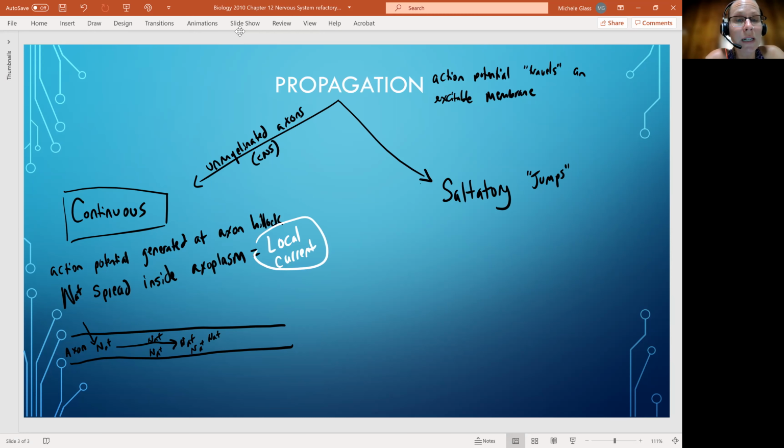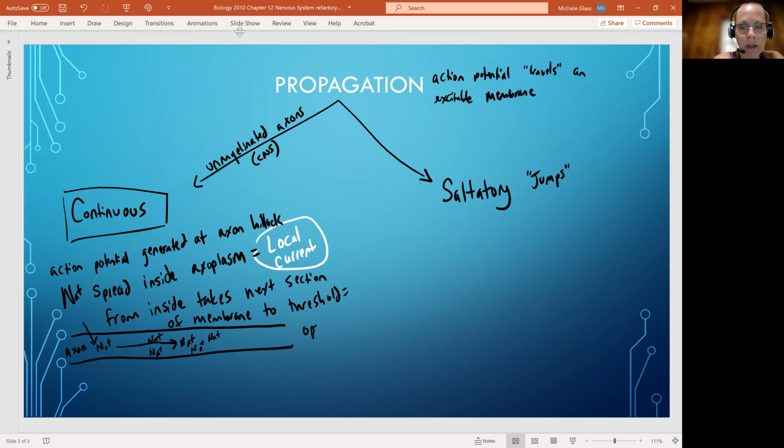And what that's doing then is, from the inside, taking the next section of membrane to threshold, meaning opens voltage gated sodium channels.